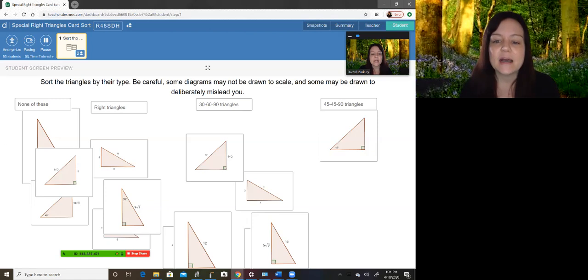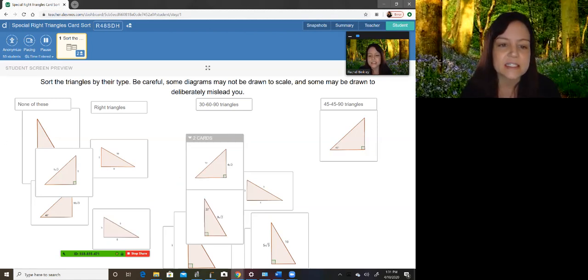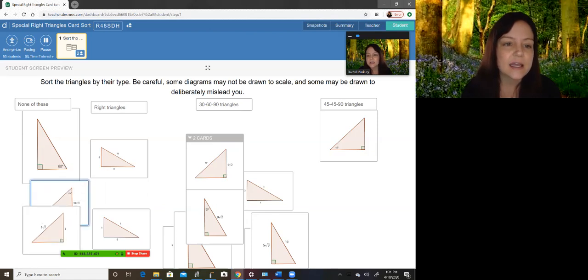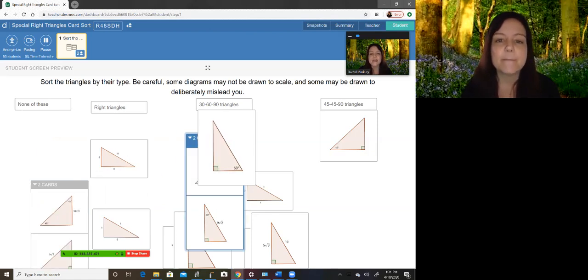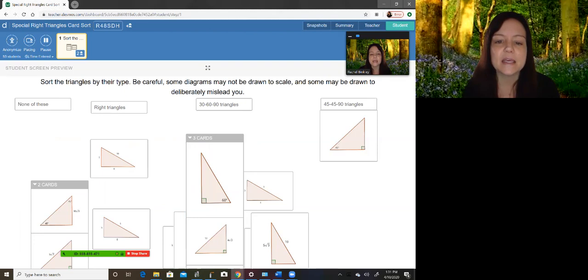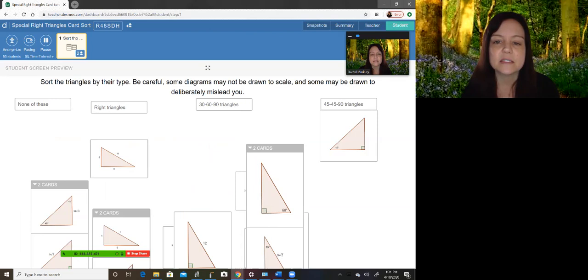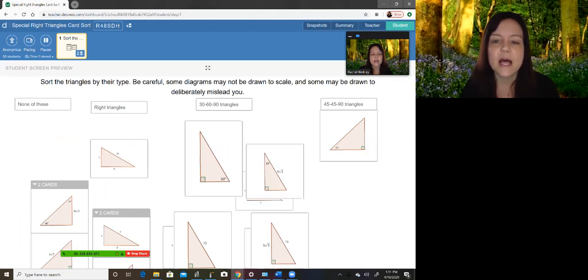Okay, now let's see. What are some other easy ones we can just add? Oh, here's one. That must be a 30. How do I separate these cards? Well, there we go.